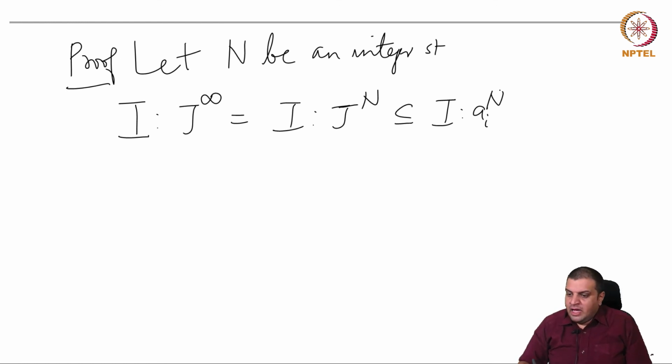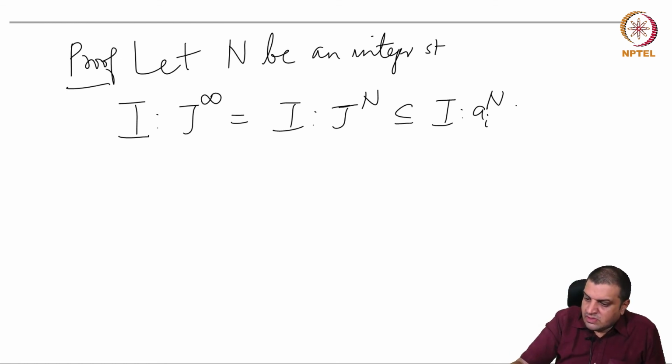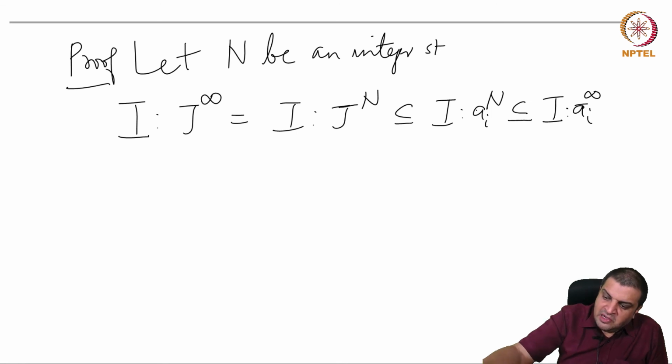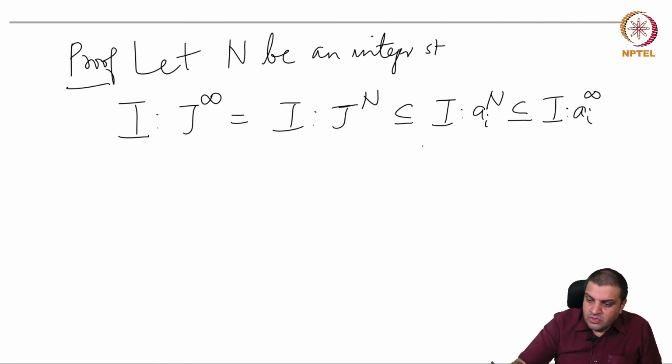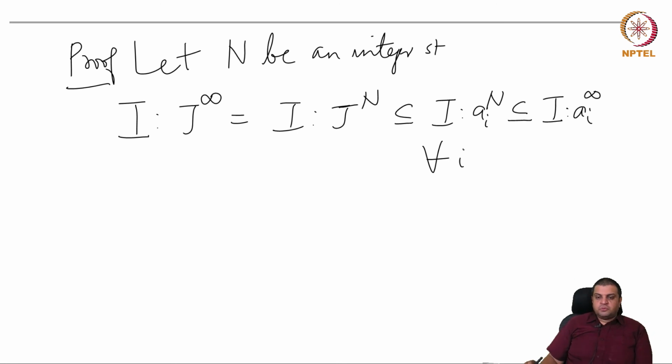And this is inside I colon ai to infinity. So the stable value of this family is this saturation. So this is true for every i. So this proves one inclusion.